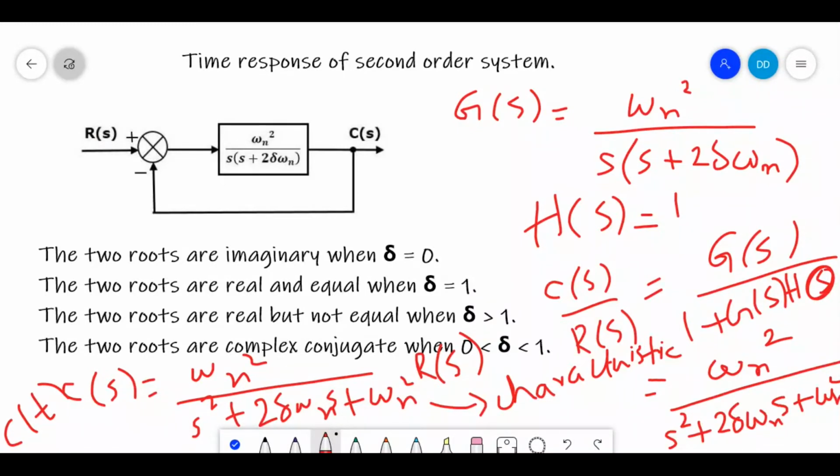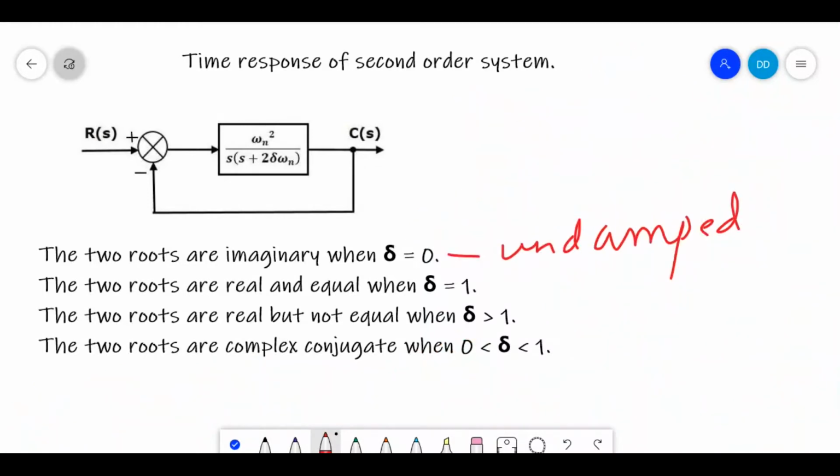If delta is equal to 0, we call the system an undamped system. If delta is equal to 1, we call it a critically damped system.